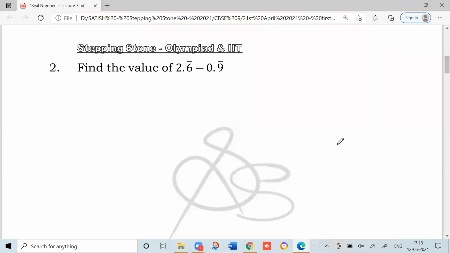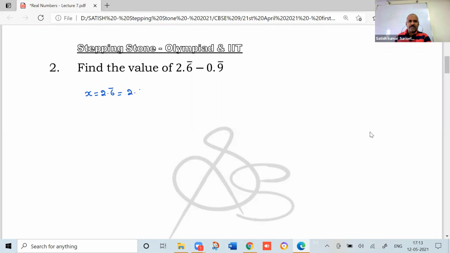So rational numbers. Have you remembered how to convert 2.6 bar in the form of p by q? Yes, sir. So let us take x equal to 2.6 bar, which means 2.666 and so on. Now, how much should I multiply?